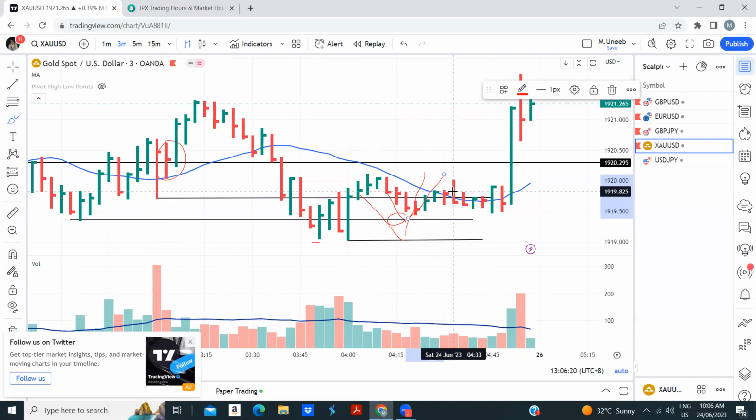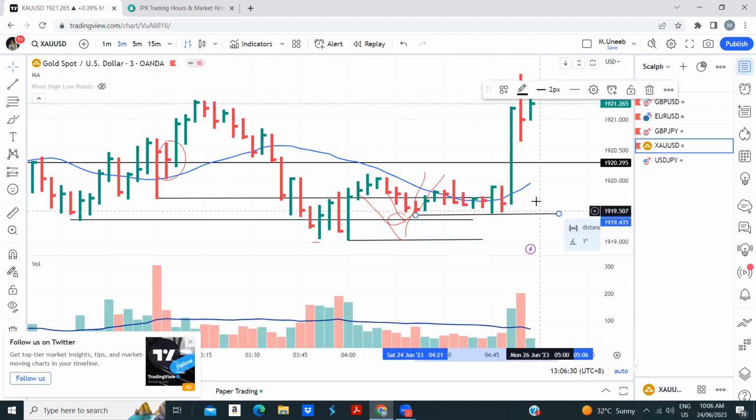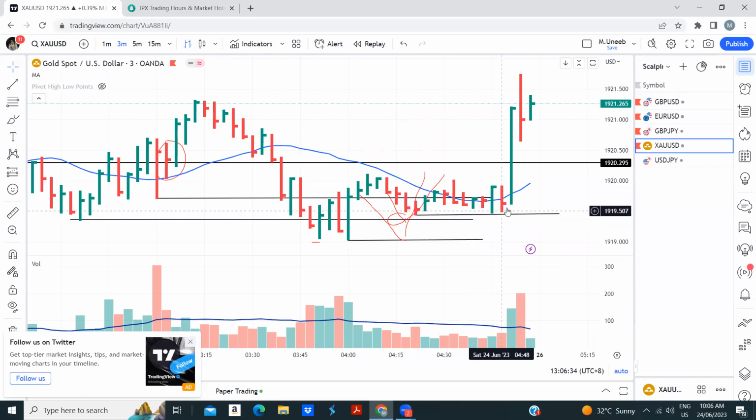Or the third situation is the price will come back and form some sort of this kind of situation, and then there will be another one like this. You form a reference line, so it's the first higher low, and the price will test the first higher low. These are the three situations that can happen. Got it?